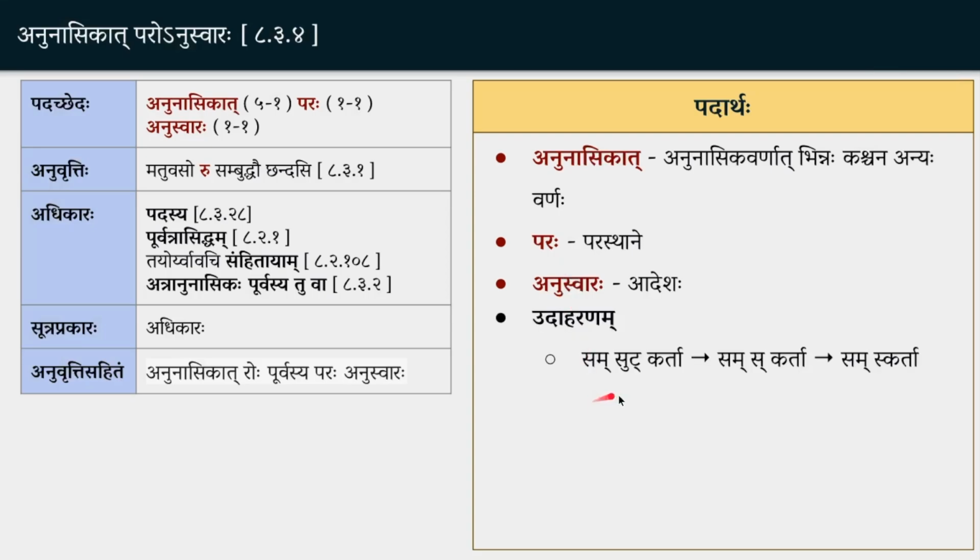Let's see that example. Atra sam sut karta, sam sakaraha karta, sam skarta, then sa ru skarta till samaha suti. Then what happens? Sa a ru skarta, and sa a ru skarta, and sa ru skarta. So this is the prakriya for the previous adhikara sutram.